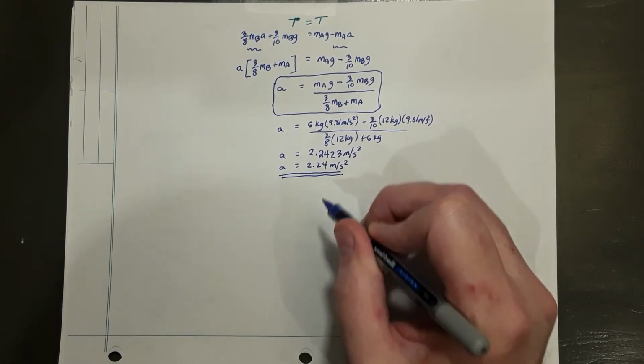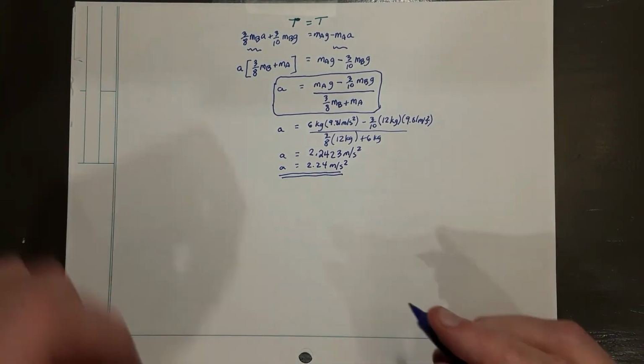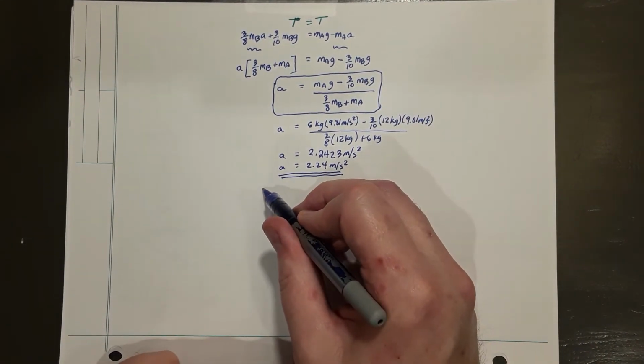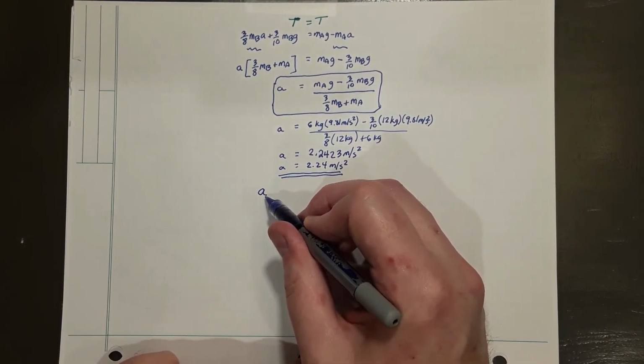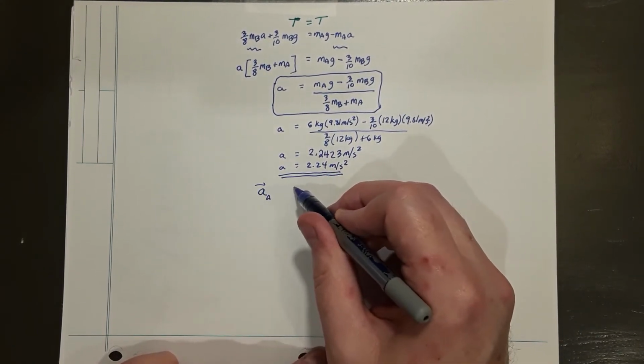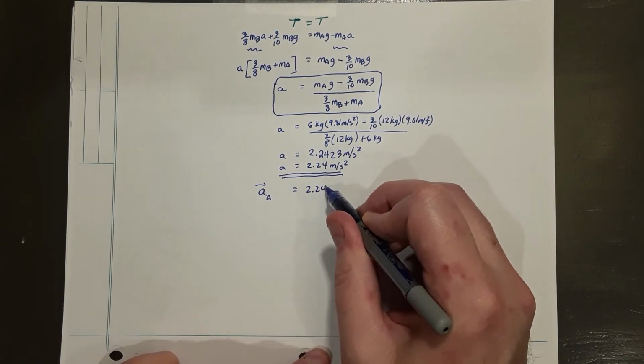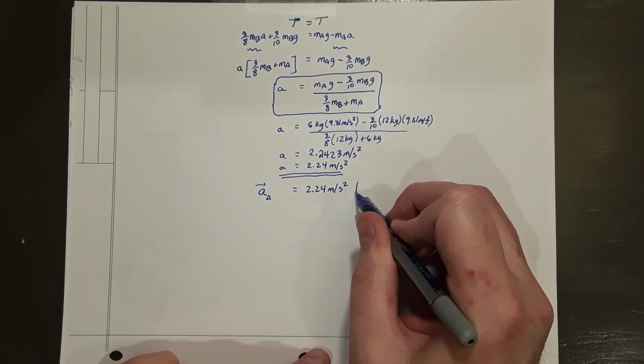That acceleration applies to both block A that is falling, so that's 2.24 meters per second squared downward.